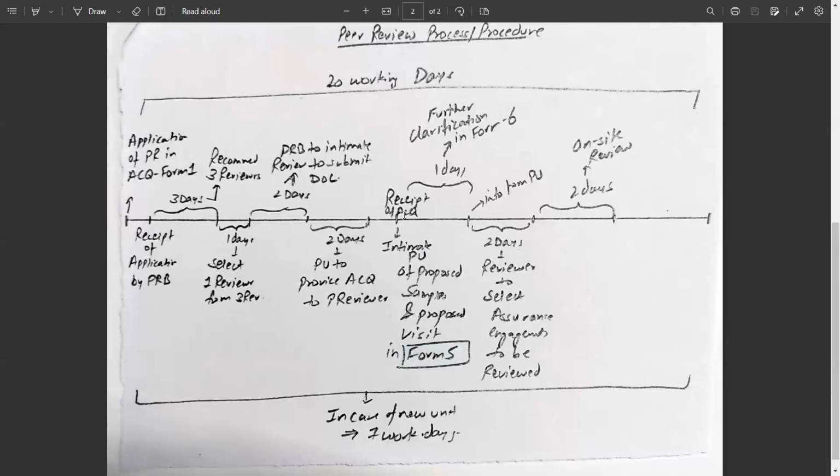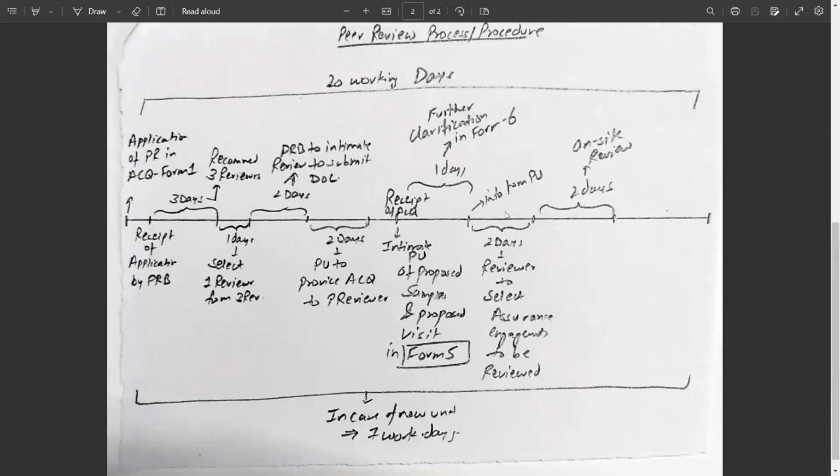So the samples which he is going to select from the number of assurance engagements that he's going to review, and the proposed visit, if any, in Form 5. After this, if the reviewer wants any further clarification, he can ask for it in Form 6 within 1 day of intimation in Form 5.